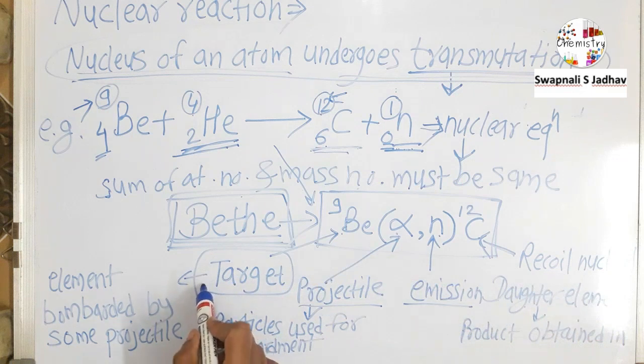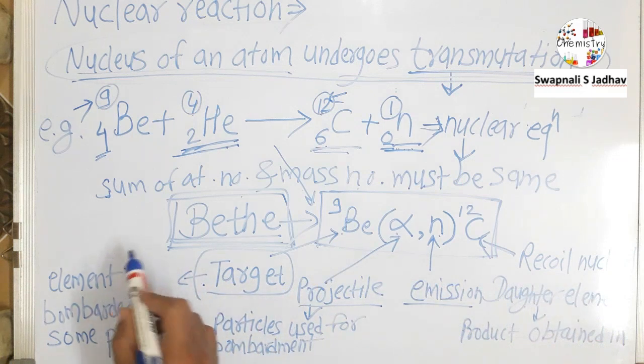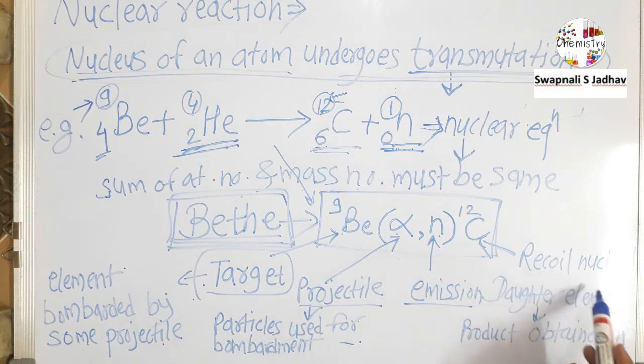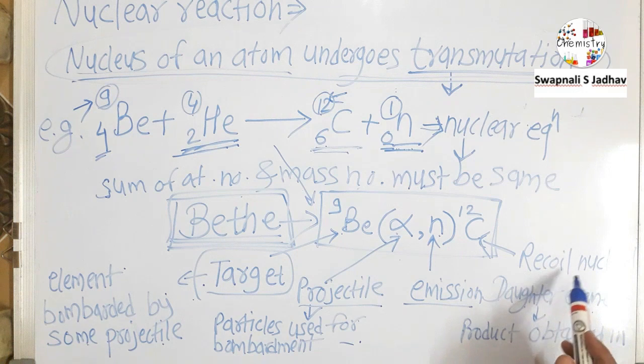The target is the element bombarded by some projectile. The projectile is the particle used for bombardment in a nuclear reaction. The recoil nucleus or daughter element is the product obtained in a nuclear reaction.